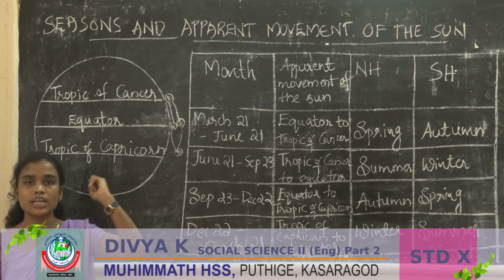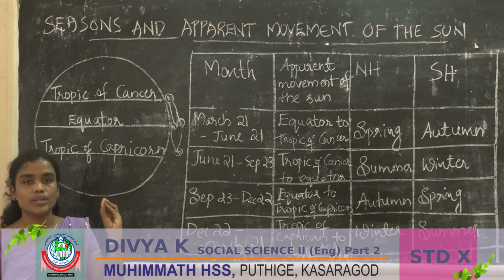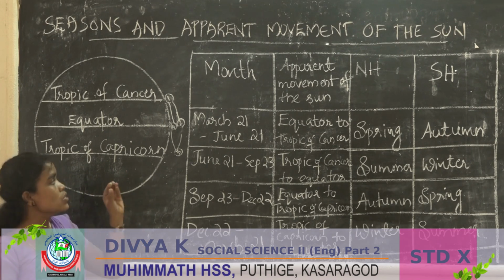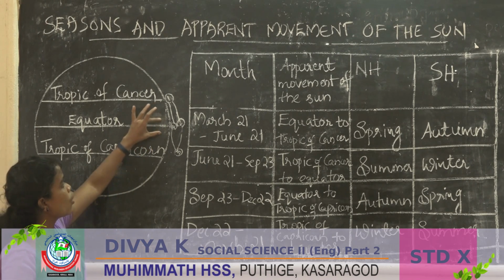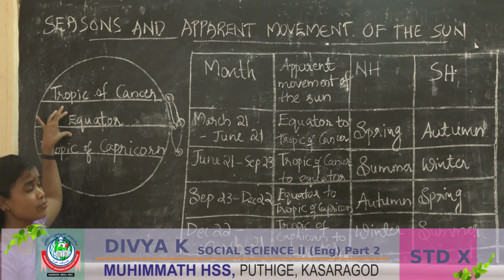Which are the dates you should remember? March 21, June 21, September 23 and December 22. Is it clear?